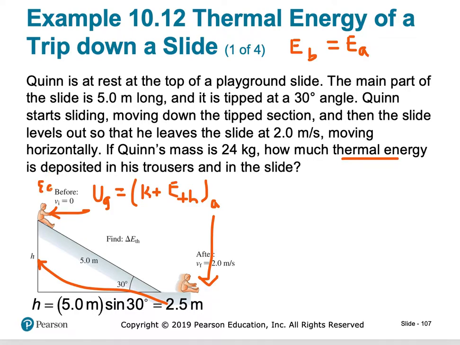We set up our equation. Let's take a look at our givens. We have potential energy initial due to gravity, and that is equal to mgh.